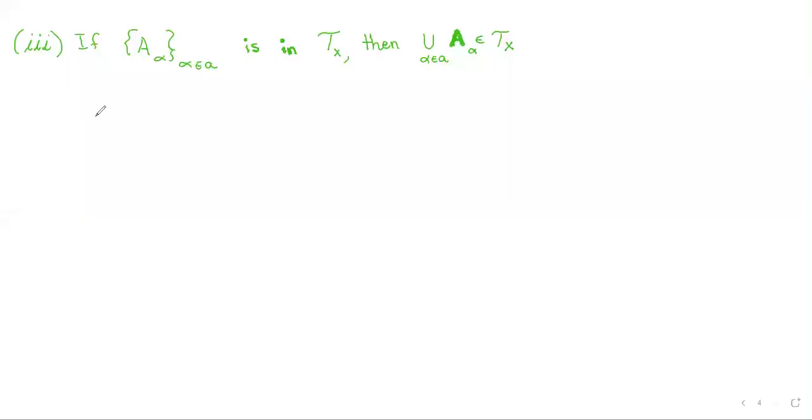The last step is if the collection is in the topology, then the union is in the topology.